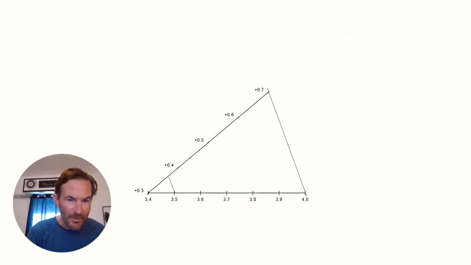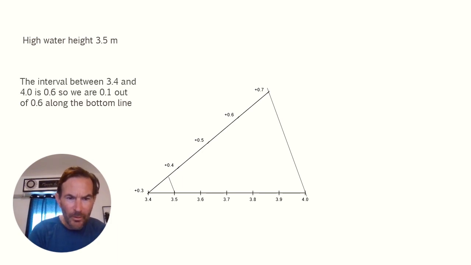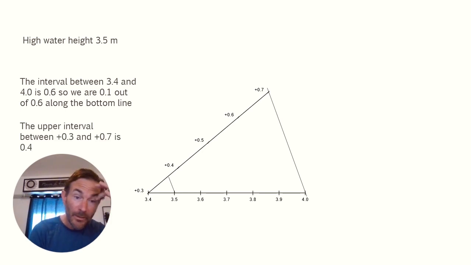Then we go ahead and we do the same thing for the high water height of 3.5 meters. High water 3.5 meters is somewhere between 3.4 meters and 4 meters. So the interval there is 0.6, and we are 0.1 of 0.6 along the bottom line, a sixth if you will. The upper interval goes from 0.3 to 0.7, which is 0.4 long.